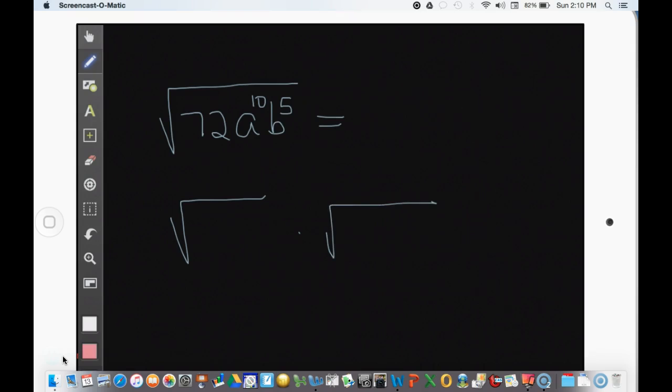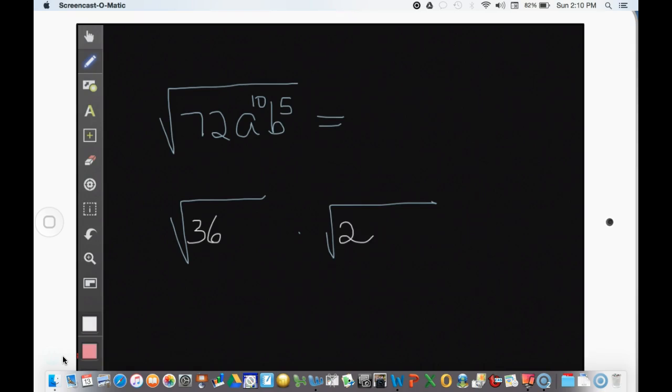I'm going to think about this as multiplying 2 different radicals together, and I'm going to put the perfect squares in the first and the non-perfect squares in the second. Well, the perfect square, the largest one that goes into 72, is 36. So it'll be 36 times 2.